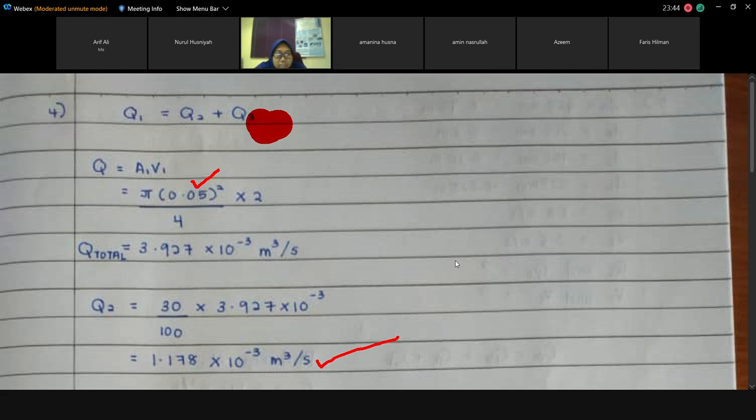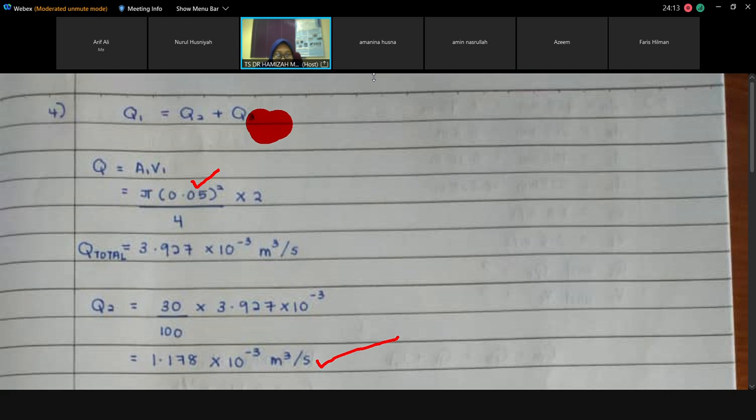Okay, so jawapan dia betul. Cuma you kena explain sikit. What happens if the pipe... mana tadi soalan dia? The question asks what happens if the diameter of pipe 1 is increased by 50%. Okay, tapi dia punya discharge is maintained.